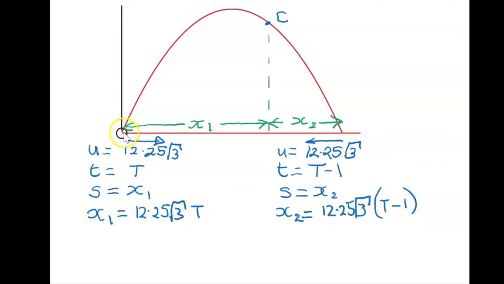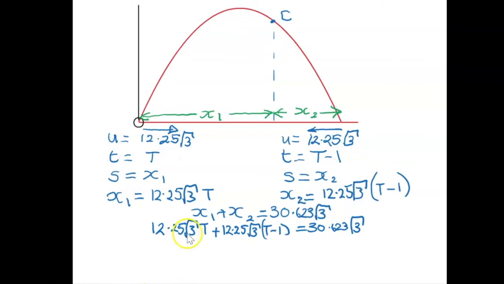But both those distances added together is the answer that we got from part A. So x1 plus x2 was equal to 30.623 root 3, or the 53.044 meters that we got earlier.